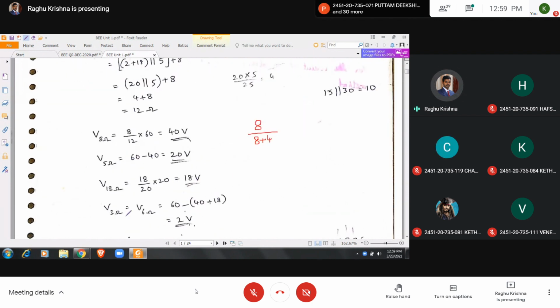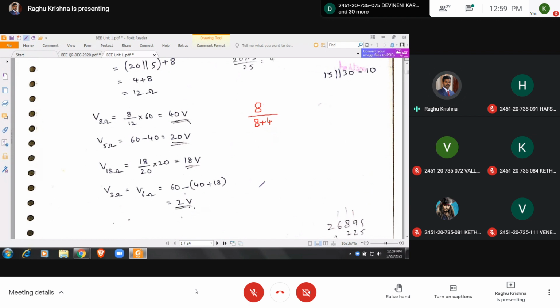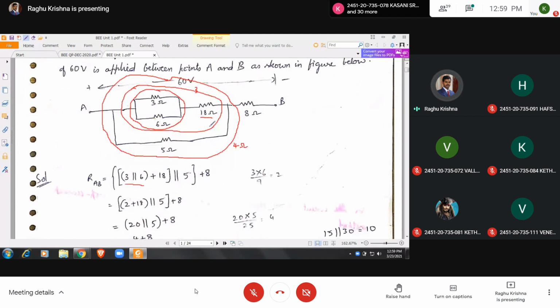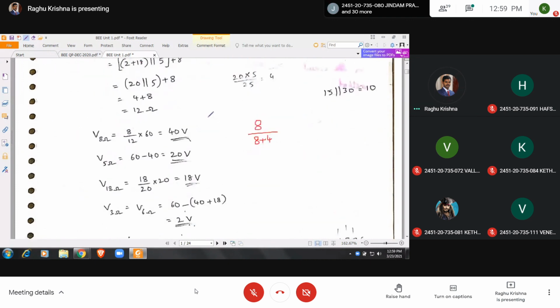Next, voltage across 3 ohms is equal to voltage across 6 ohms, which is equal to 60 minus 40 minus, or directly you can take the voltage across 5 ohms, which is 20, minus the voltage across the 18 ohms. 20 minus 18, which is equal to 2 volts.